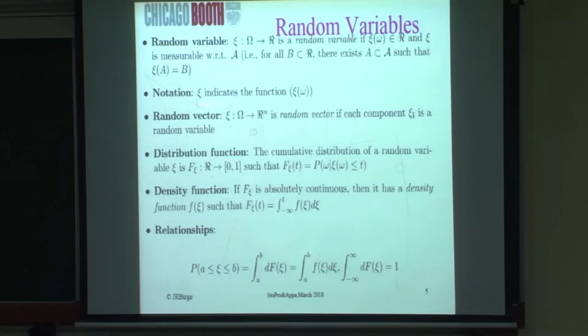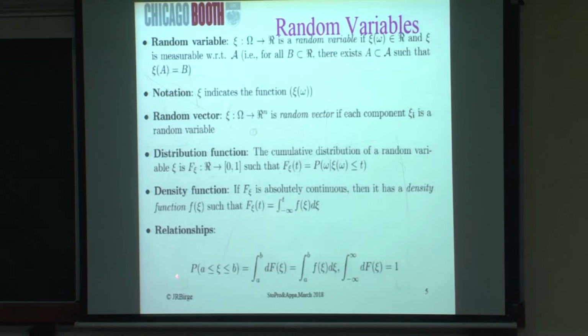Okay, so we have the distribution function and the density function, all referring to this random variable, and how are they related together? Well, I can always write the chance that C, as a shorthand, is the probability of a less than or equal to C less than or equal to b. This really means the probability of the omegas such that a is less than or equal to C of omega less than or equal to b.